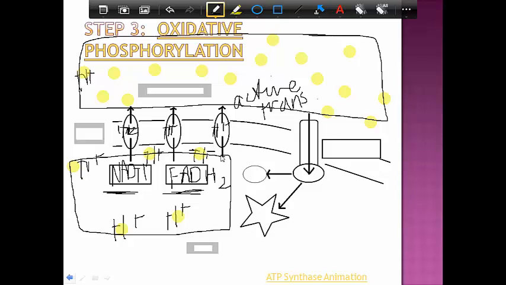And as you know, to move something from low to high concentration, you need active transport. So these ovals are pumps, or proteins in the membrane, that allow those hydrogen ions to go through the membrane. Remember, ions can't go through the membrane without a channel or a pump. So we build up this huge concentration of hydrogen ions on the intermembrane space side of the inner membrane.